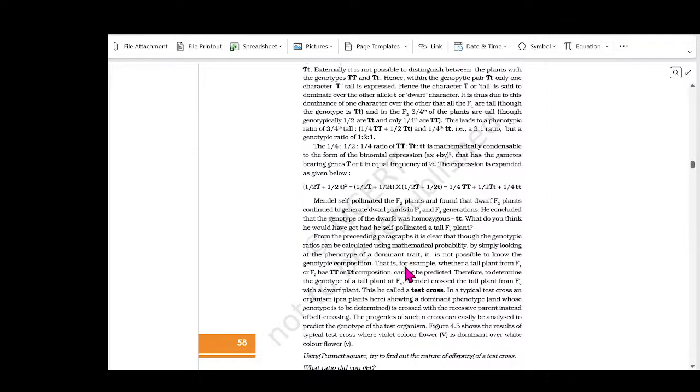That is, for example, whether a tall plant from the F1 or F2 has capital T capital T or capital T small t composition cannot be predicted. Therefore, to determine the genotype of a tall plant at F2, Mendel crossed the tall plant from F2 with a dwarf plant. This he called a test cross.